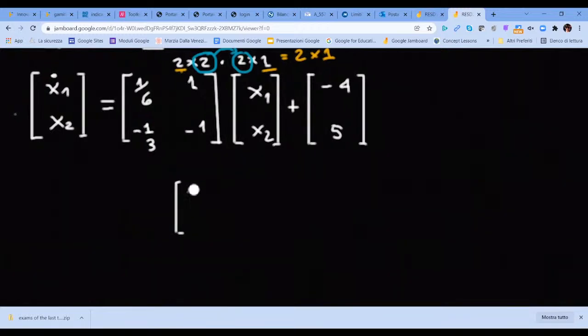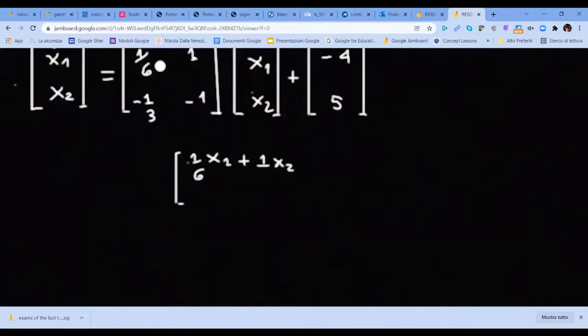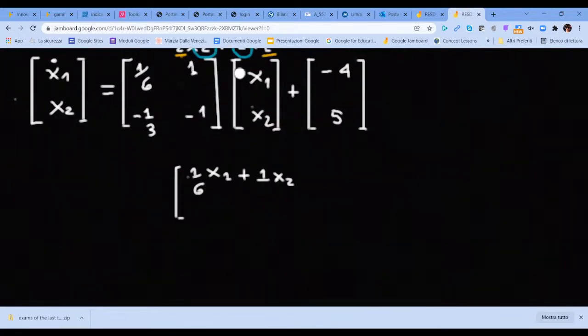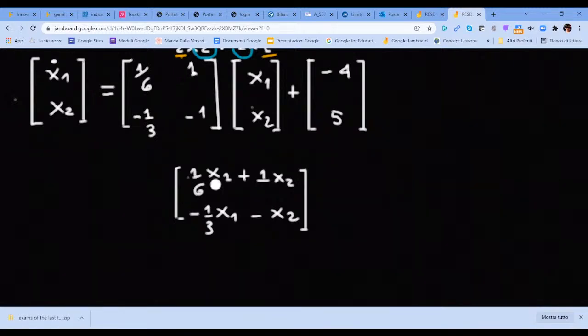So this is 1/6 times x1, first entry times first entry, plus 1 times x2, second entry times second entry. This is the reason why we should have the same number in the row as in the column. And then we compute minus 1/3 x1 minus 1 times x2. So this is the result, and this is a matrix 2 by 1. We have only one column because this is a sum. This should be a number. Okay.